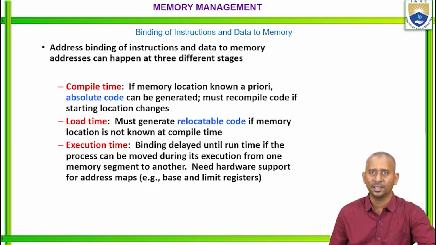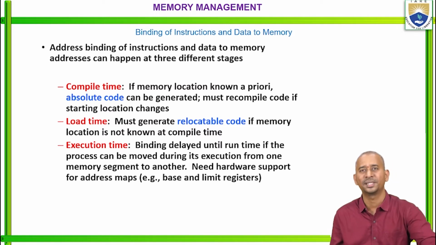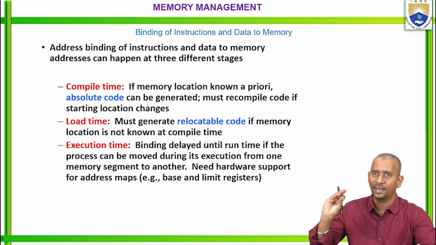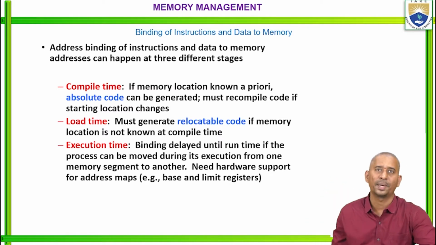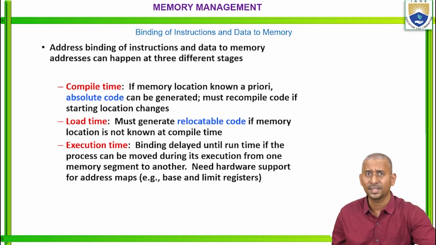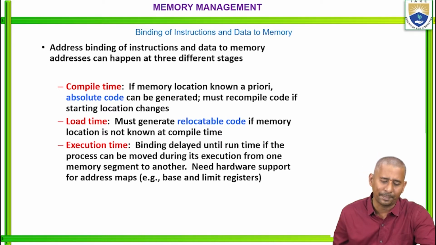If the memory location is known a priori, that is, in advance, then absolute code can be generated. We must recompile the code if the starting location changes. So whenever the starting location of that process changes, we need to recompile the code. That is compile time.